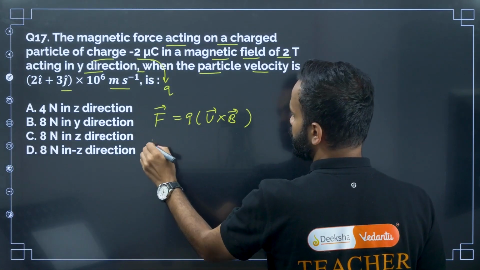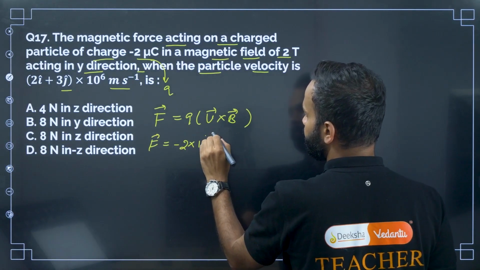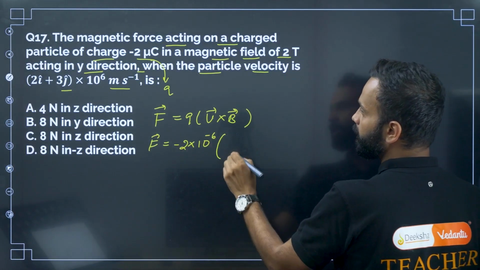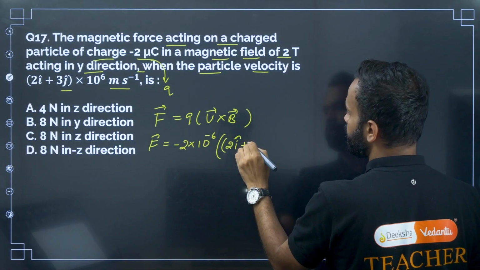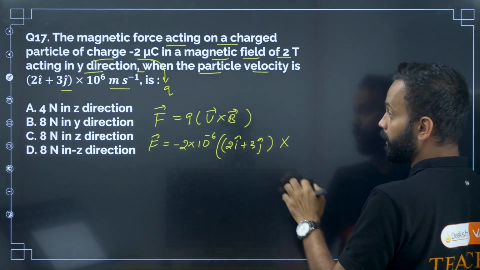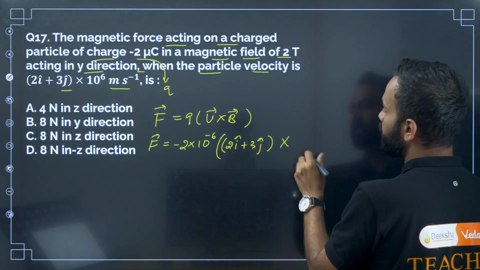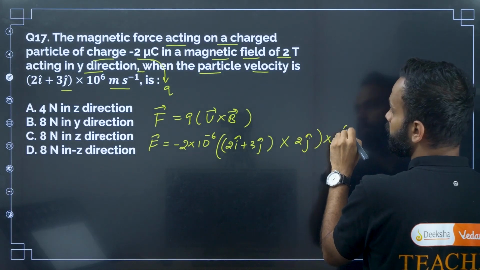Substitute the values: F vector is equal to minus 2 microcoulomb into (2 i cap plus 3 j cap) into 10 to the power 6, cross B vector, 2 j cap into 10 to the power 6.